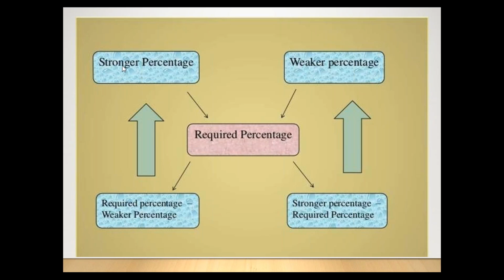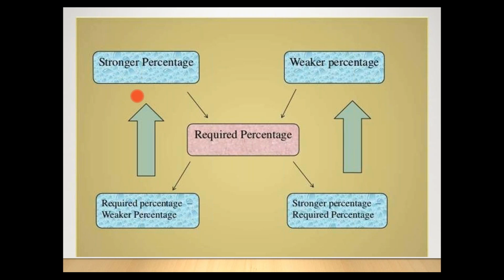Okay. So see, towards the left, here is the stronger percentage. Then you're supposed to write towards the right the weaker percentage. In the middle, you have to write the required percentage and then mark the arrows.